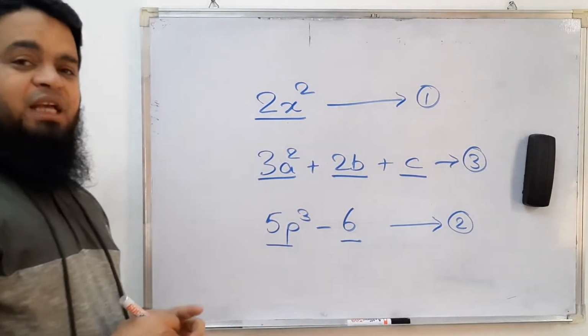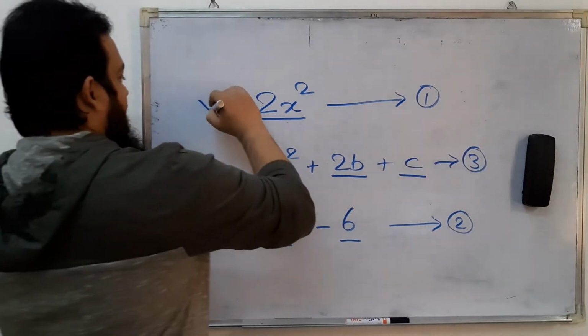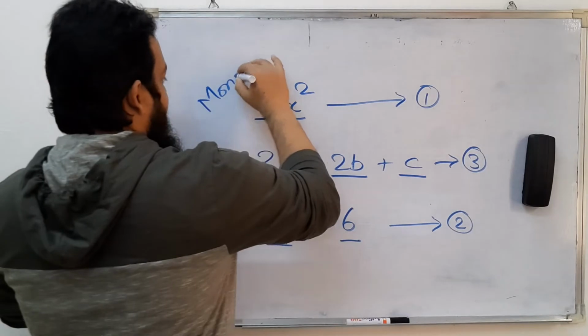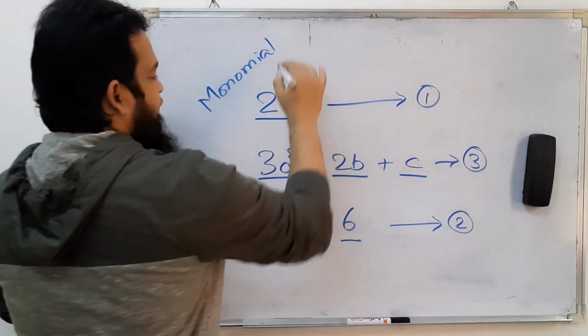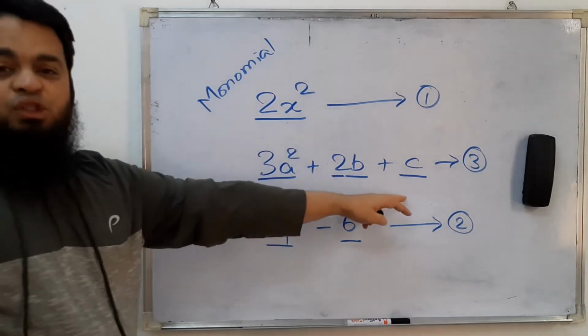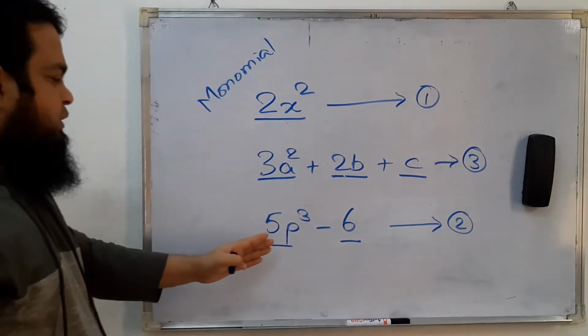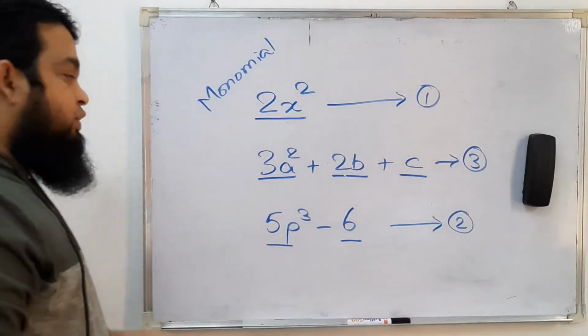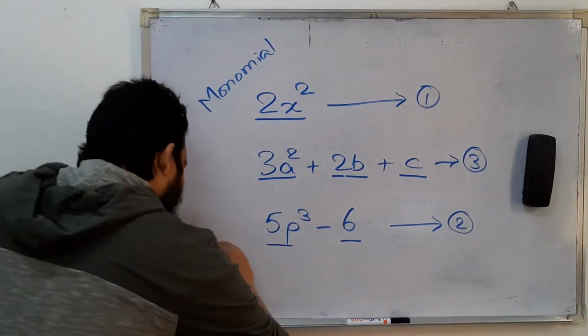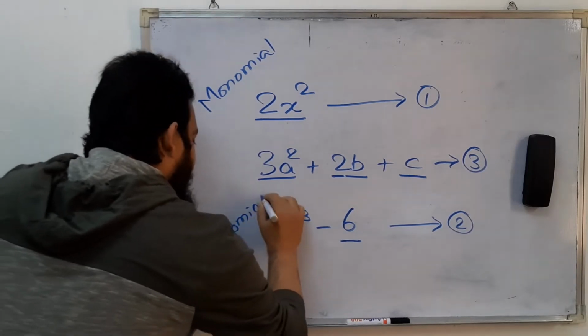So based on the number of terms, this polynomial is called a monomial because we have only one term. Before going to three, let us go in a chronological way. Here you have two terms, so since you have two terms, this is called a binomial.